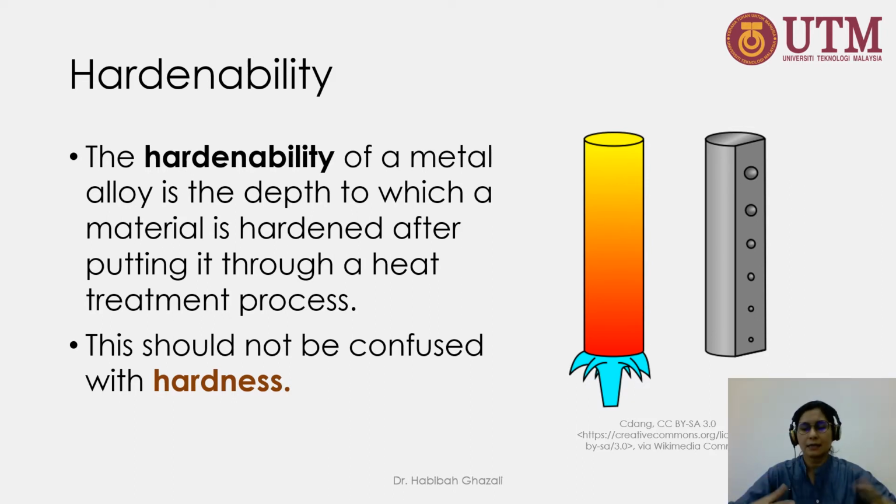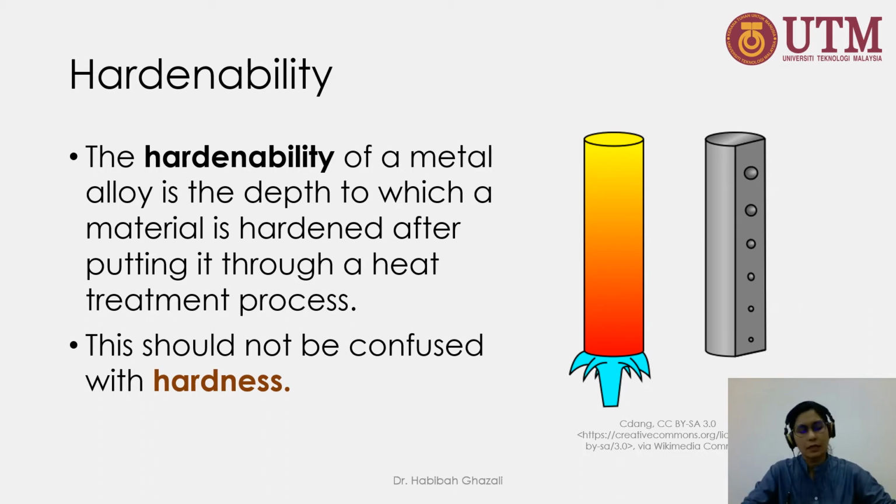So it is how easily a material can be transformed into martensite. Knowledge about the hardenability of steel is necessary to select the appropriate combination of alloy steel and heat treatment procedure to minimize thermal stresses and distortion in manufacturing components of different sizes.